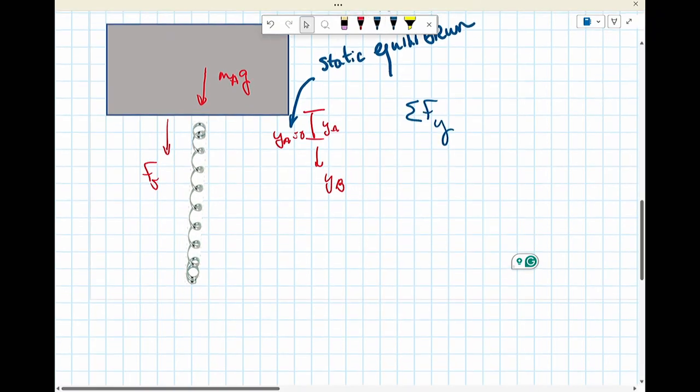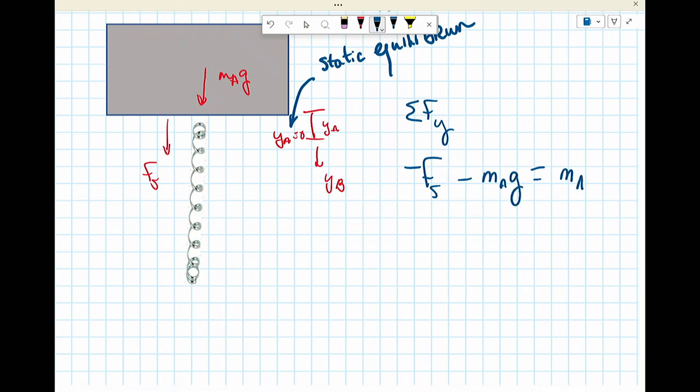So if I look at the sum of forces in y, I only have two. I have minus the force of the spring, minus the weight of the platform and the box, and I have acceleration in y. The force in the spring is going to be k (ya minus yb minus delta s).